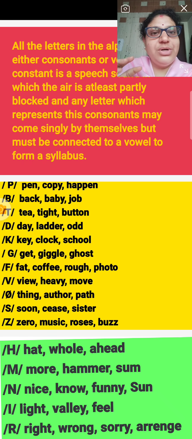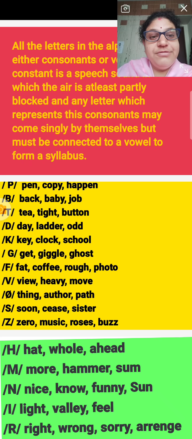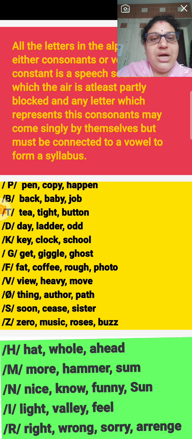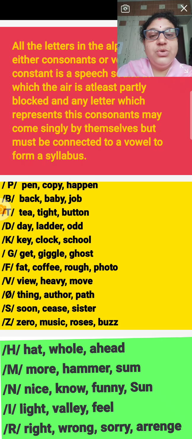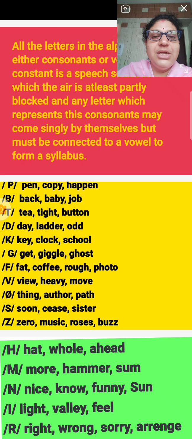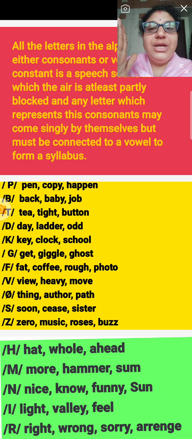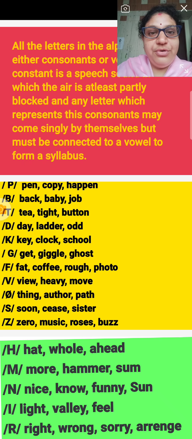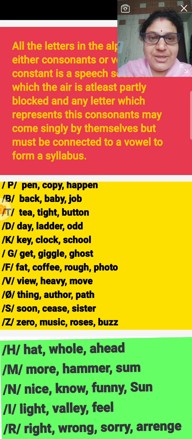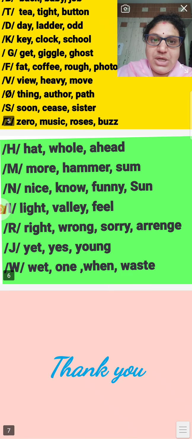Not only in the syllabus, you have to learn the consonants compulsorily in your life itself, because consonants are nothing but phonetics. You have to learn phonetics by heart, because without phonetics in English there is no language. You can't understand. So these are the consonant sounds.